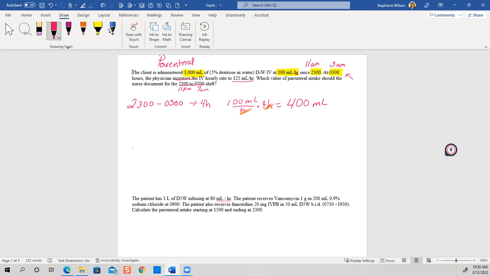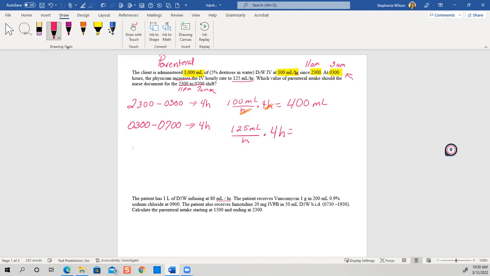They said a change happened at 0300. It may continue into the next day, but we're only documenting during a shift, and then the next person will come in and document that shift. So from 0300 to 0700, 3 a.m. to 7 a.m., which is 4 hours, they had a flow rate of 125 milliliters per hour. We multiply by 4 hours.